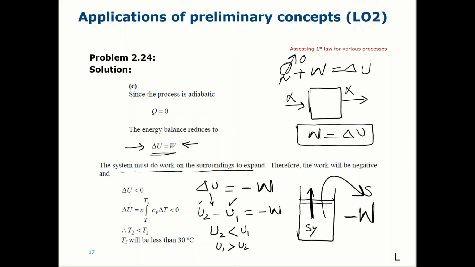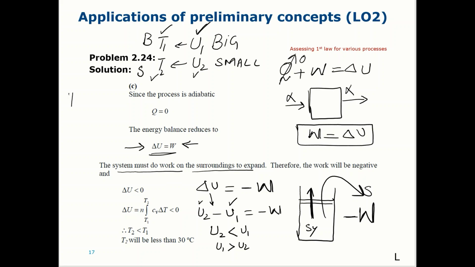So if U1 is big and U2 is small, and they are linked with temperature as well, because, as you know, internal energy is a function of temperature, right? So if U1 is big, that is linked with T1, and U2 is small, that is linked with T2. If U1 is big, that means T1 is big as well. If U2 is small, T2 is small as well.